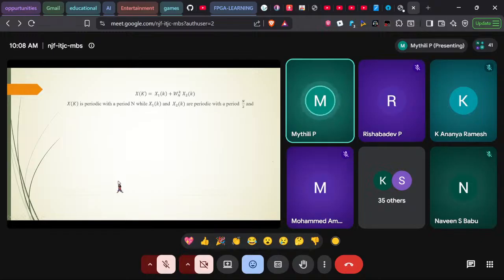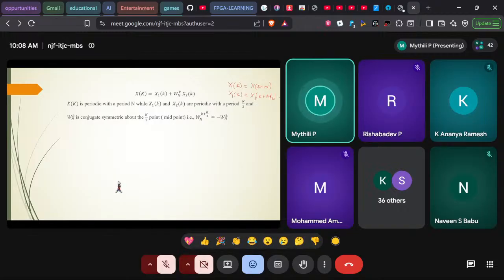So now how do you get back the original sequence? Before that, you should know that the spectrum X of k has a symmetry, it is periodic: X of k plus N. In the same way, X1 of k will be periodic with the period N by 2, and so on.